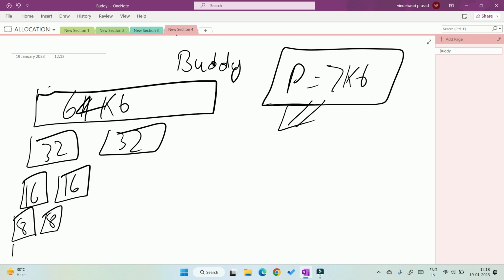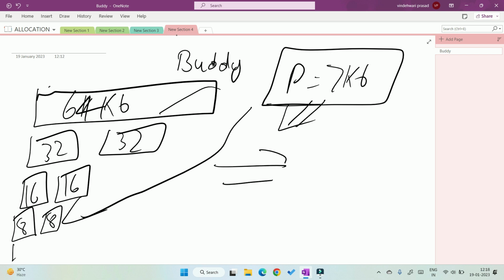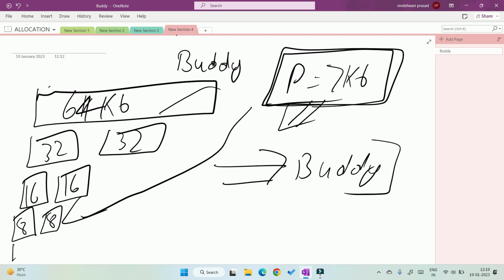If it divides further into 4 and 4, the process cannot fit. So the process can be allotted to 8. This method is called buddy fit, where the OS divides memory into half and half until it finds the minimum suitable place for the process. I hope you understand the buddy method.